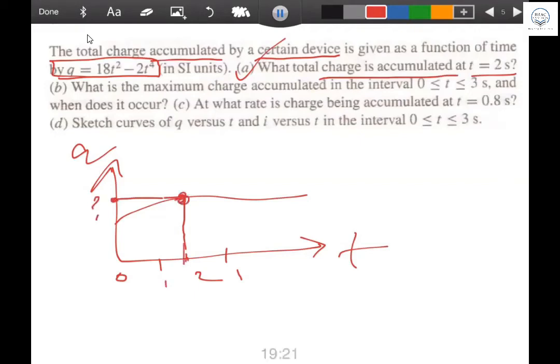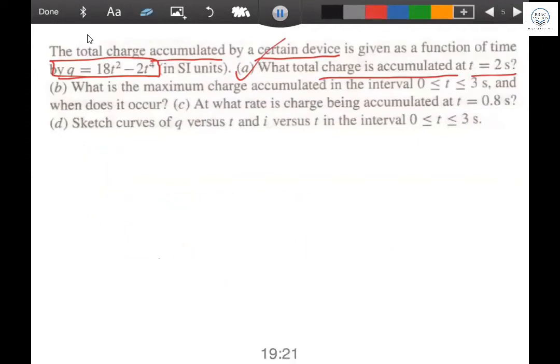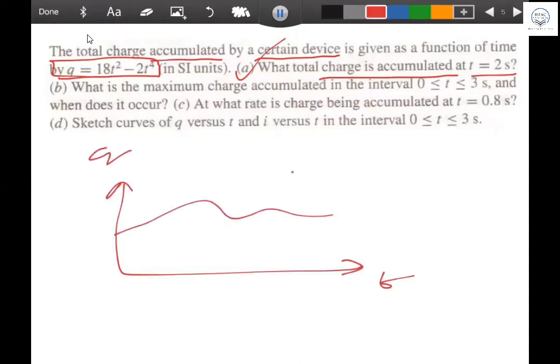This is the amount of charge in your mobile or in the capacitor, already accumulated after 2 seconds. This is the question A asked you. The question is how to find it. We can find it straight away by calculating at that time. But you should remember that this equation is actually q equal to 18t square minus 2t to the power 4.